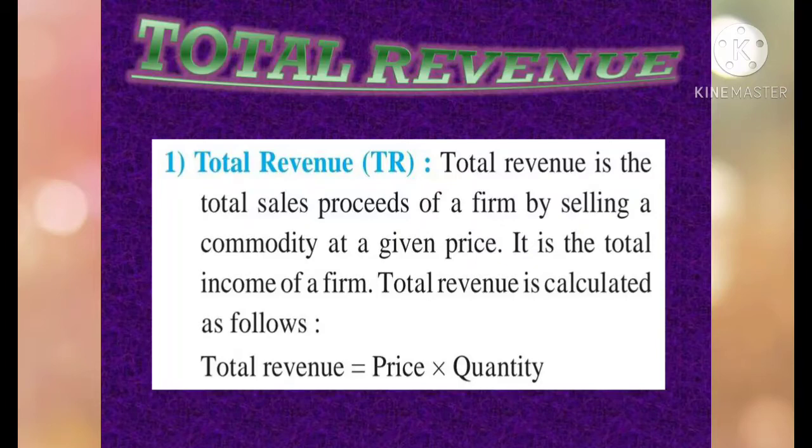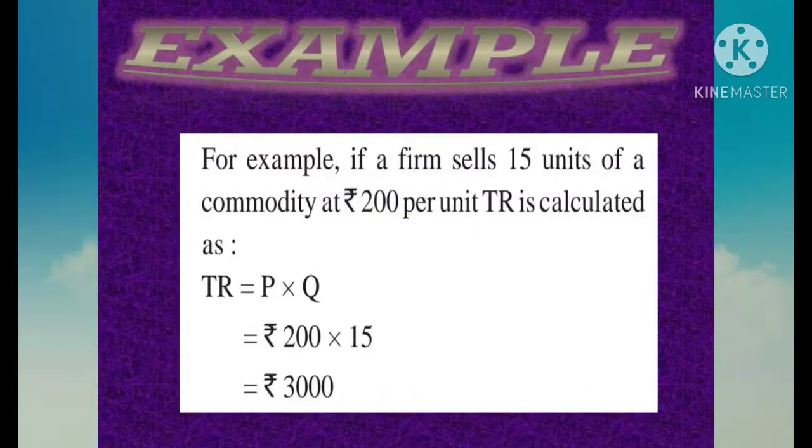Let us solve one example on calculation of total revenue. If a firm sells 15 units of a commodity at rupees 200 per unit, total revenue is calculated as TR equals P into Q. That is, total revenue equals price into quantity.